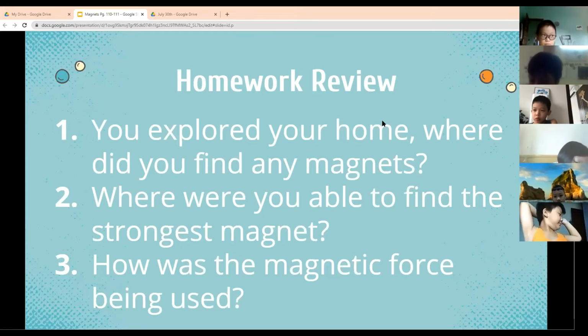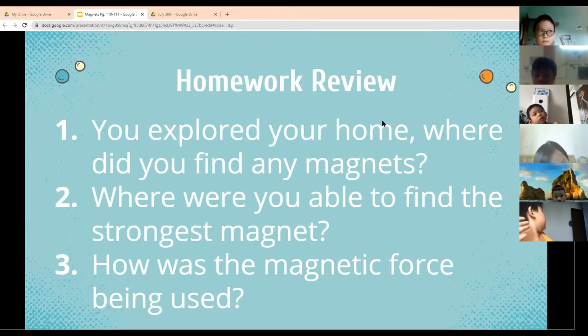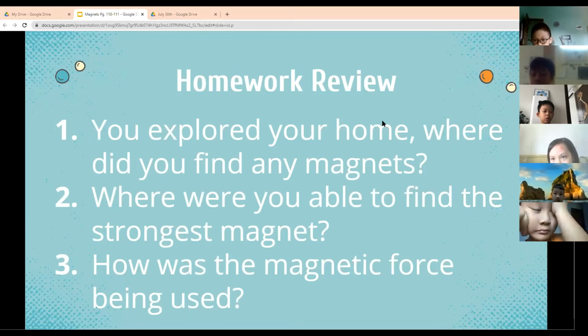Okay, so it holds your papers. Is it on your desk? Yes, on the desk. So does it stop papers from flying away? Yes. Oh, that's really cool. So you have a magnet that can go onto a piece of paper and hold it on the piece of metal so it doesn't fly away. It's like a paperweight.